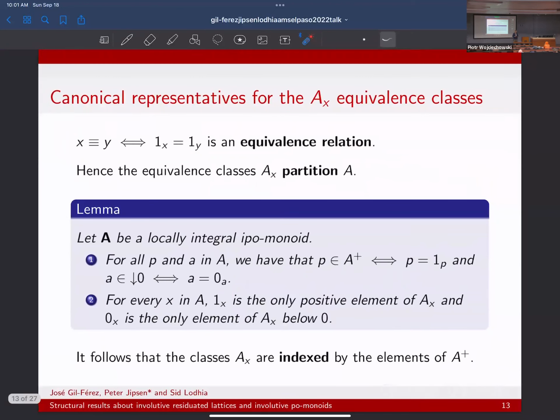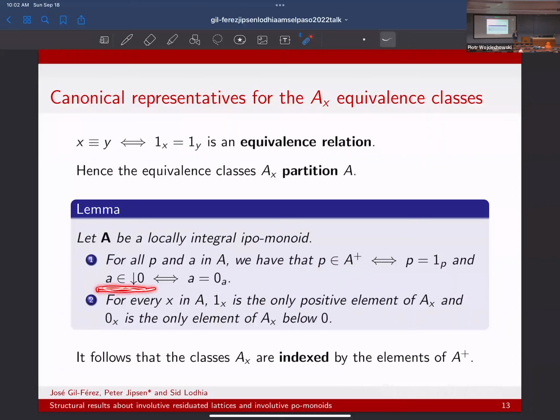So, sorry, if we start with one, then for all positive elements of A, the positive element will be equal to its local identity always, and this is actually a characterization of when you are positive.